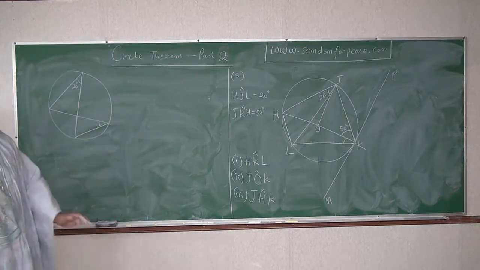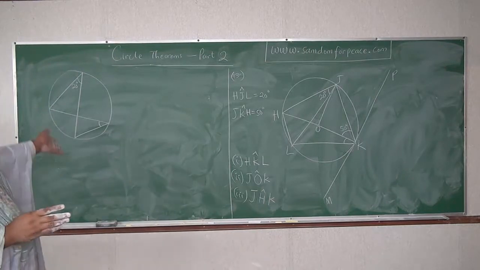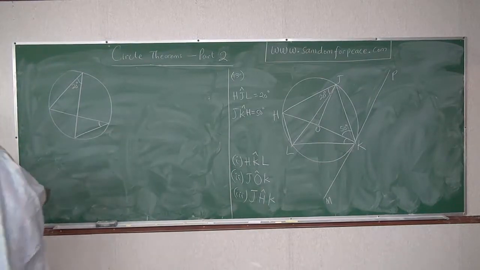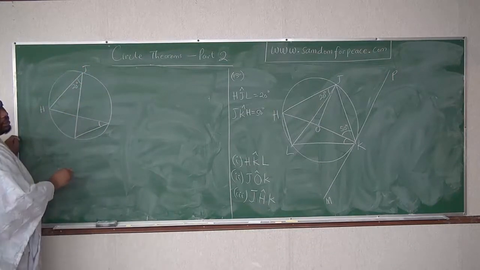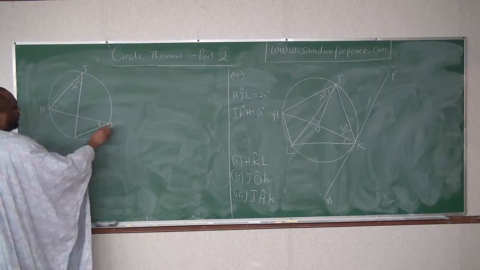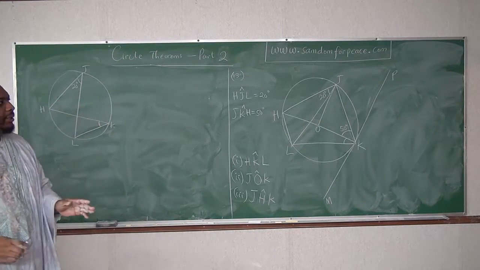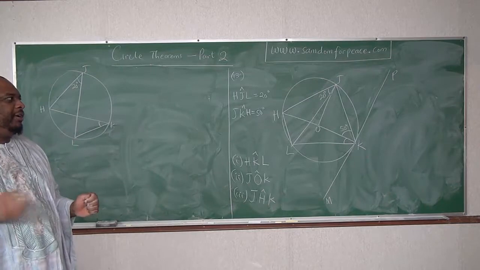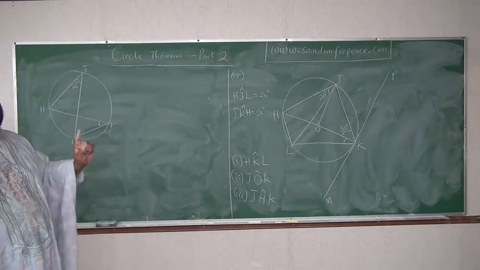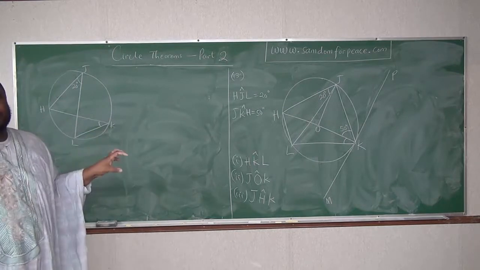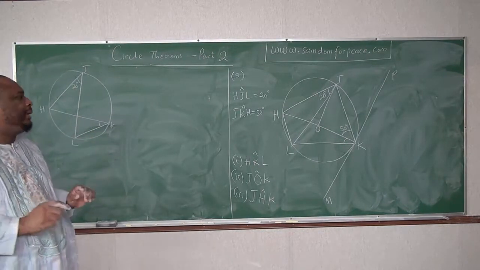It's good when you have it like this: this is H, J, K, L. Please, don't be confused with the O, that one coming to O, no. We did this in part 1, angles in the same segment. We explained it in part 1, okay?